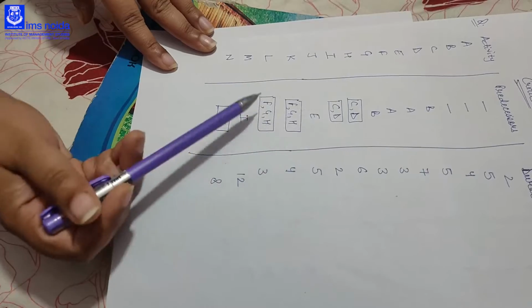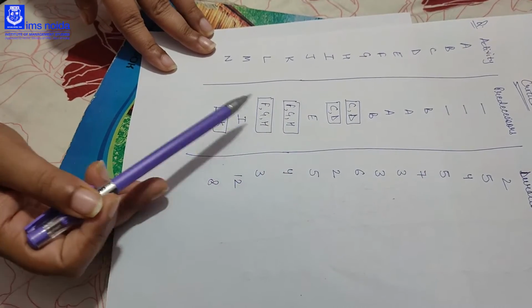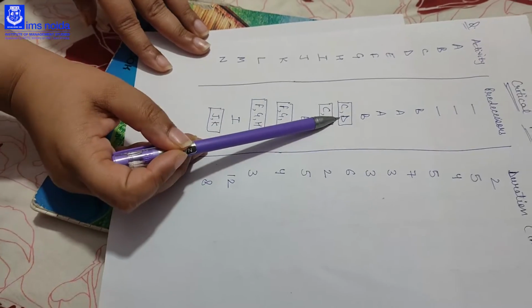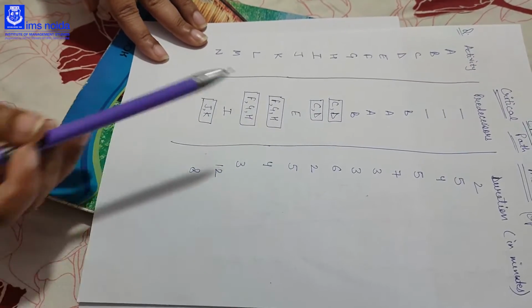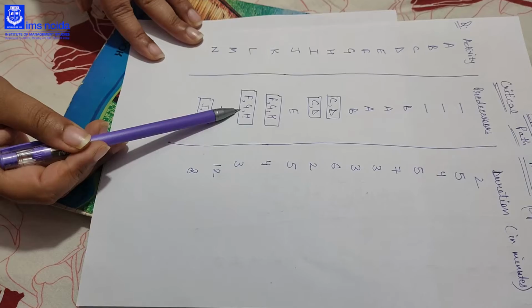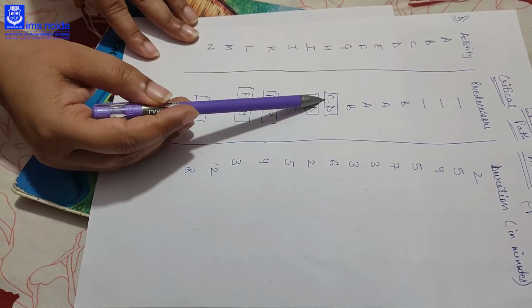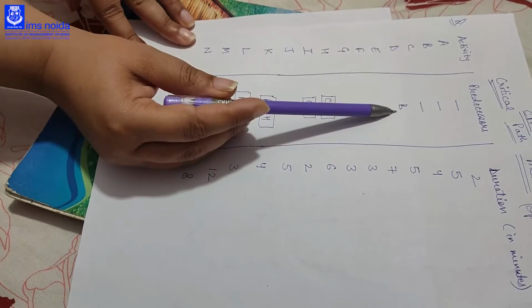You can see I have made boxes around the predecessors which are combined. C and D are combined here, F, G, H combined here, and J and K combined. So D is combined with C, and D starts with B.